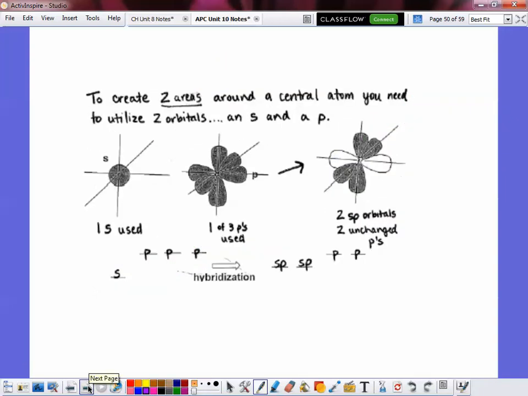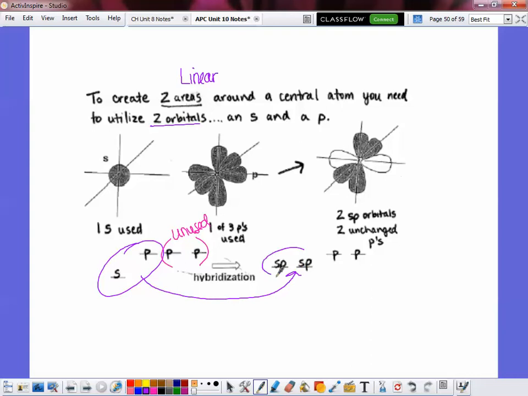The third one I'm going to look at is if I'm making 2 areas around my central atom. That's going to be a linear molecule. So 2 areas means I need 2 orbitals. I'm going to use an s and a p. I'm going to have 2 p orbitals that are unused, but my s and p are going to hybridize into my 2 sp orbitals. And then here are my 2 unchanged p orbitals.